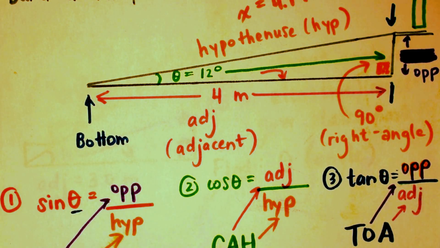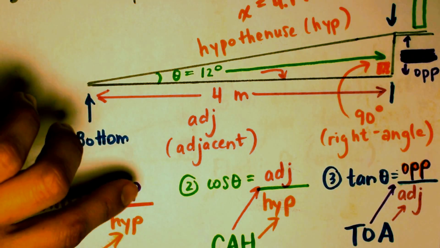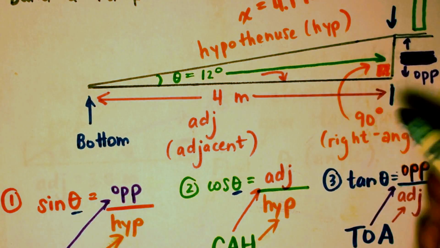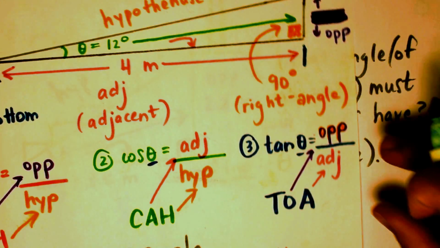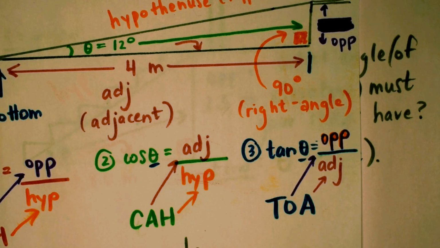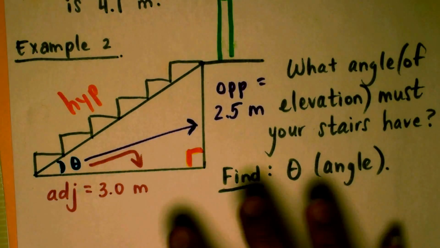So you will always be given 2 things and you will be looking for the last thing. Here we have 3 components, angle, opposite, hypotenuse. Again, another 3 components, angle, adjacent, hypotenuse, and over here we have angle, opposite, and adjacent. You will always be given 2 of the 3 things. So here are the 2 things that we are given for this example.